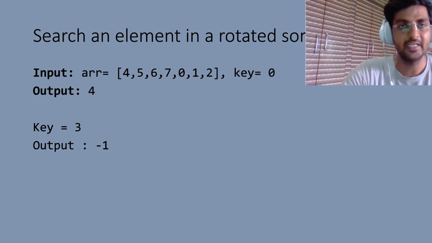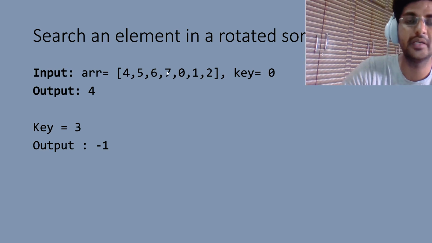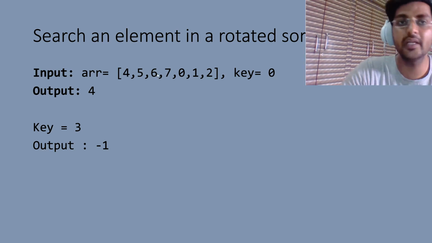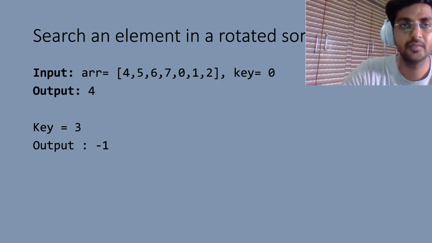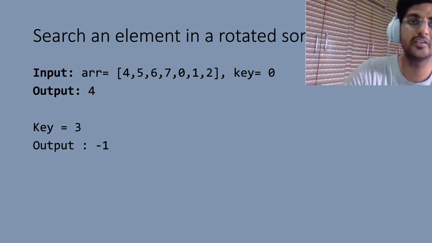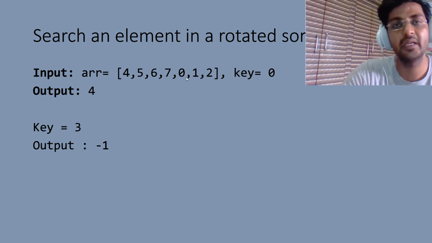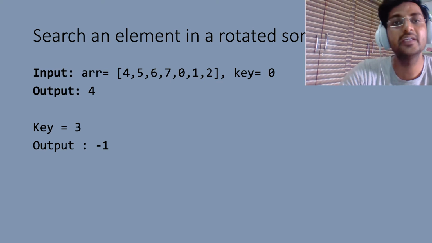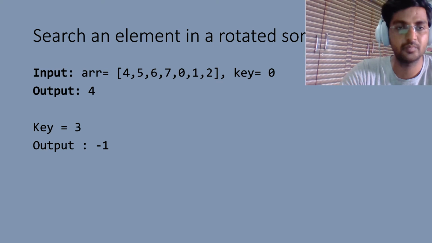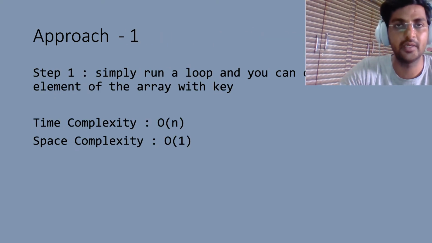If 4 is smaller than the middle, it means the array from low to mid is sorted, so I can apply simple binary search on the sorted part. If that is not the case, let's say our middle is in the range 0 1 and 2. Then you need to compare on the right side array whether the key is part of that range, else just call the left side array. Let me explain, no worry about that.